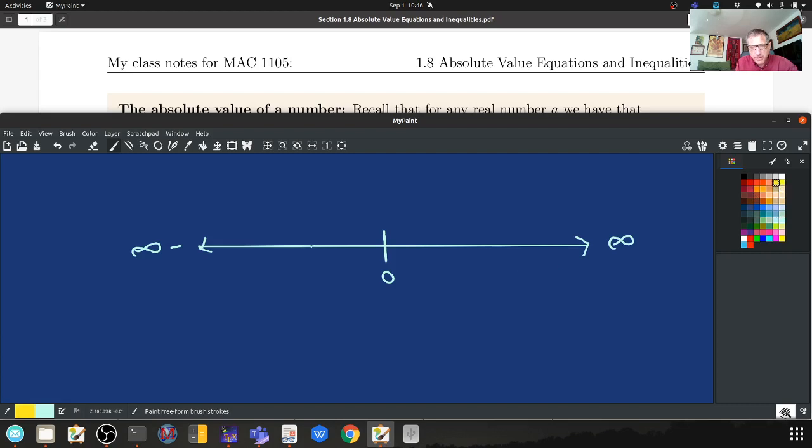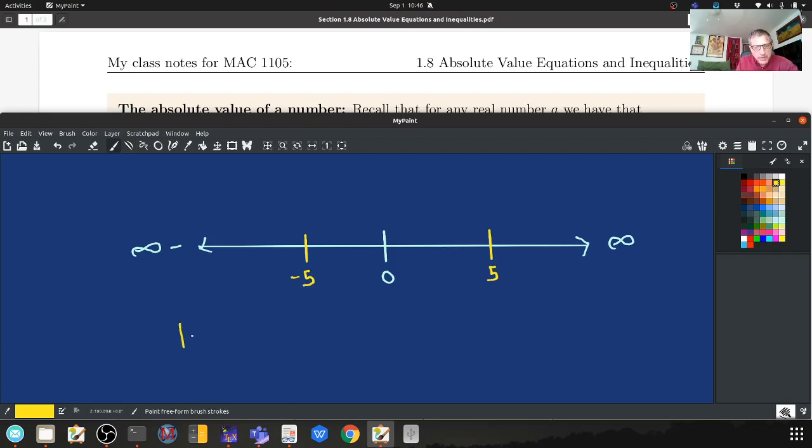If I say that this is 5 on the number line, then I'm going to need to mark the same distance. I'm eyeballing it here, so you'll just have to excuse me if my eyeballing of distance does not suit you. So this is minus 5.